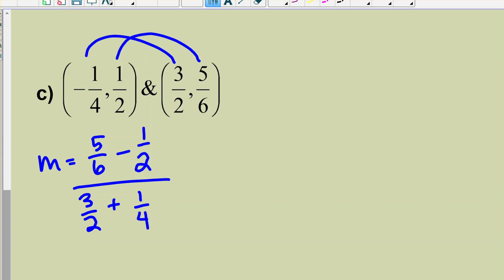The common denominator in the numerator is going to be 6. So I have 5/6 minus 3/6. Again, I keep my denominator, and 5 minus 3 is 2. 2/6 can be reduced to 1/3.